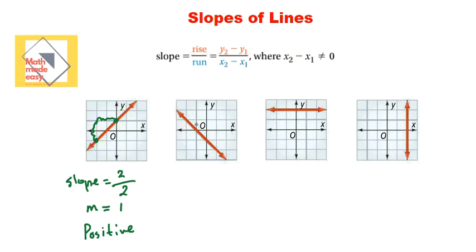Unlike this line, if I choose any 2 points on this line and try to find my slope, also using the rise over the run, now the rise here is not going upwards anymore, it's going downwards. So I can say that the distance here is going down 2 or negative 2, while the run is still 2. So the slope of this line is going to be negative 1.